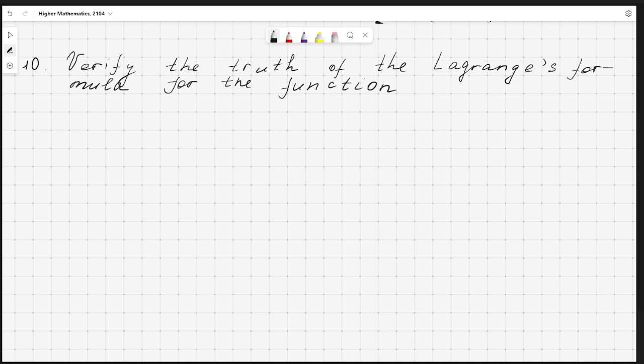Before, I'm sorry. What I said: y is 2x minus x squared on the interval from 0 to 1.